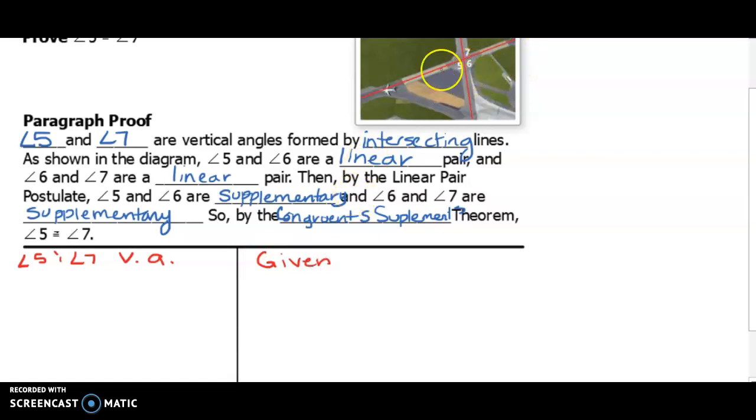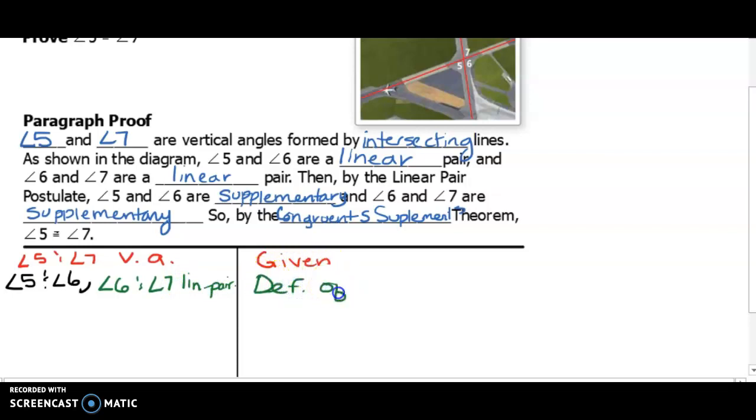Now, I'm going to look at this diagram and I can say, okay, well, angle 5 and angle 6, I'm going to put a comma because there's two pairs, and angle 6 and angle 7 are a linear pair. And over here we can put, we know that because we know the definition of linear pair.